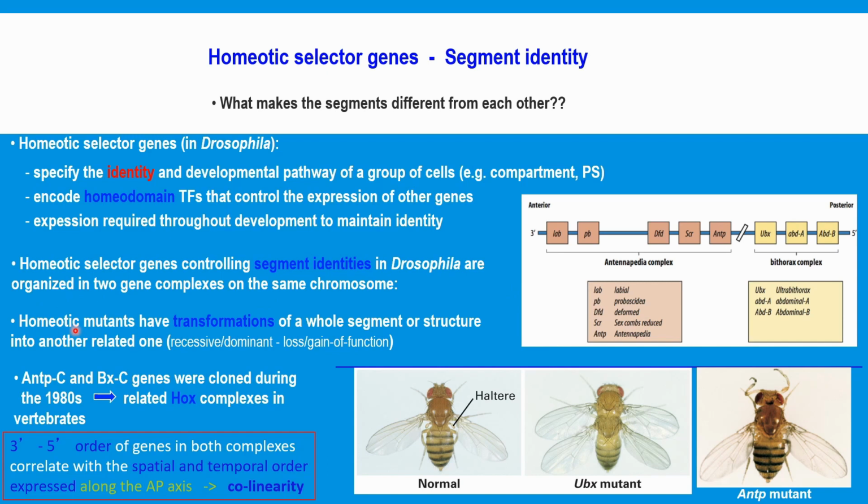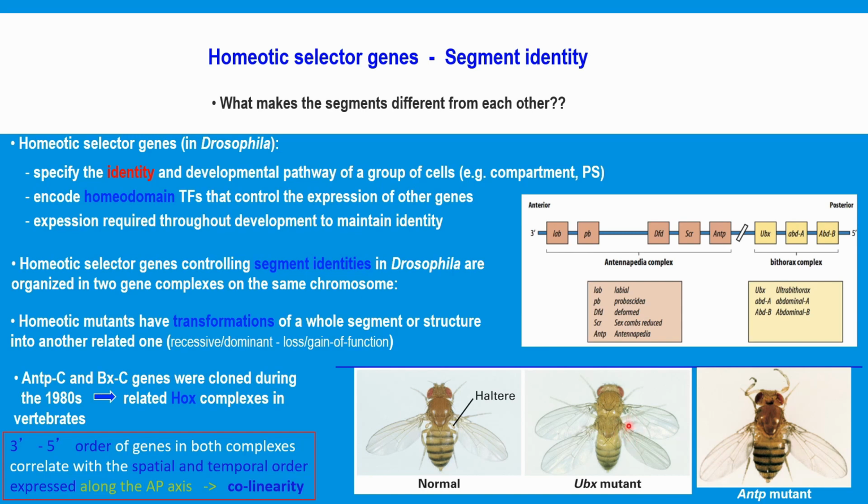And if we have mutations in a homeotic gene, they give transformations of whole segments or structures into another related one. So we have a normal one here, and then we have an ultrabithorax mutant, and we have a transformation of a posterior thoracic segment into a more anterior thoracic segment.